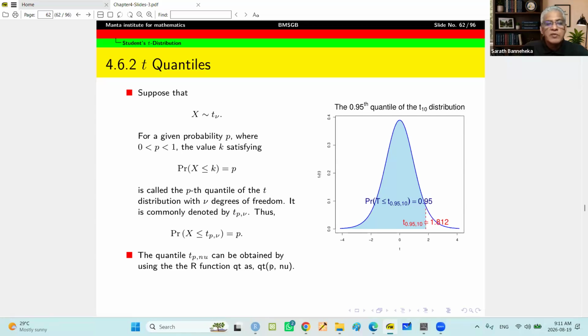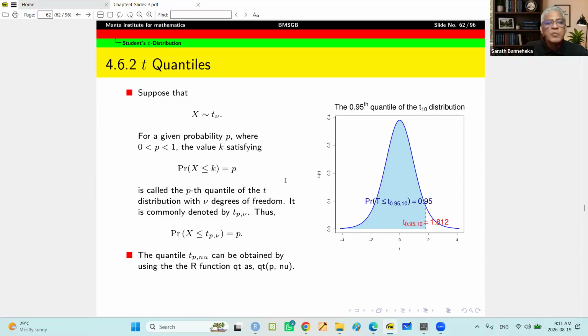The first argument is the probability P. The second argument is the value nu. So for example, if I use P equal to 0.95 and nu equal to 10, using this command I get 1.812, approximated to 3 decimal places.